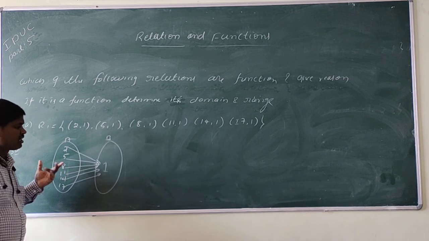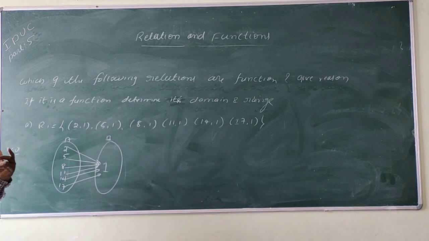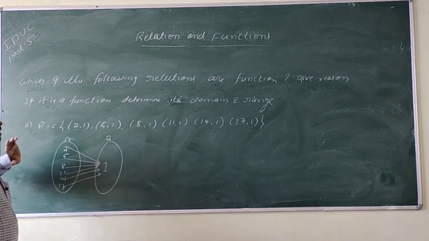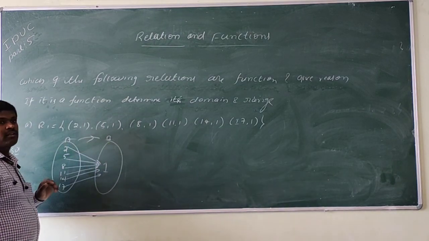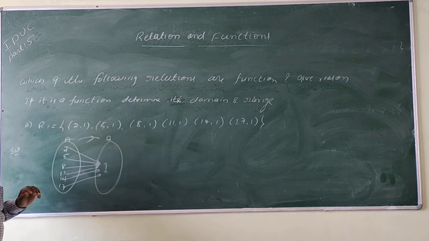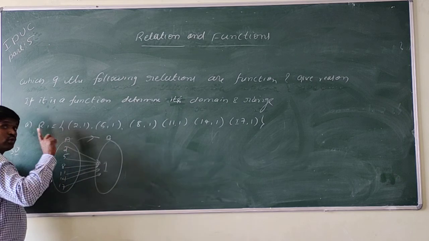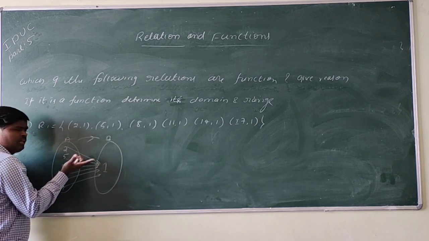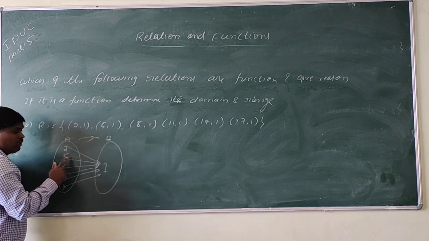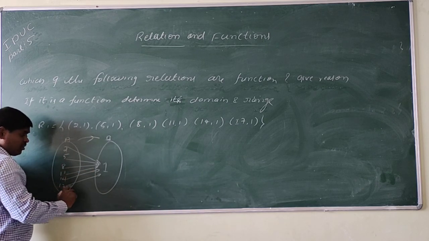Does it satisfy the definition of a function or not? By the definition of a function, every element of set A is related with a unique element of B. Yes, here 2 is related with only one element, a unique element. 5 is also related with only one element, and similarly all the elements.